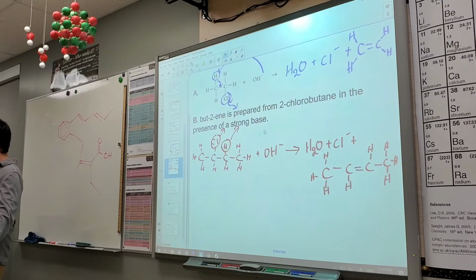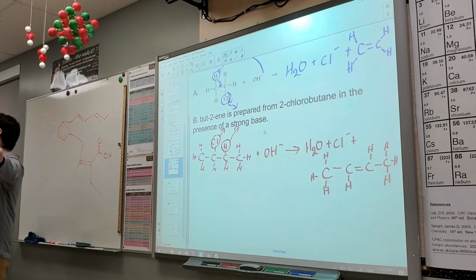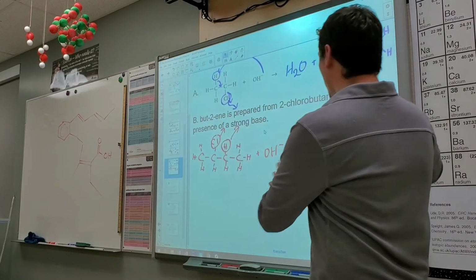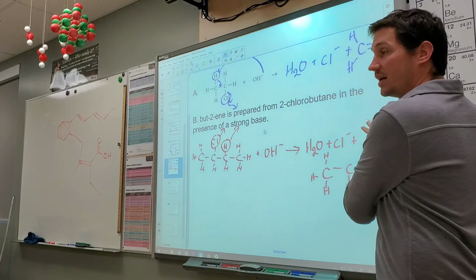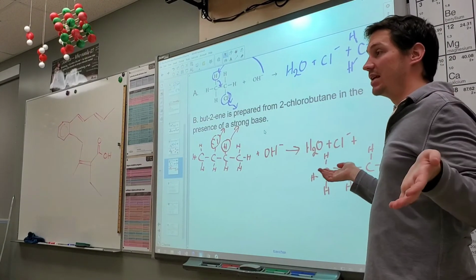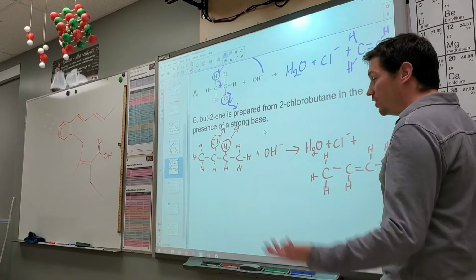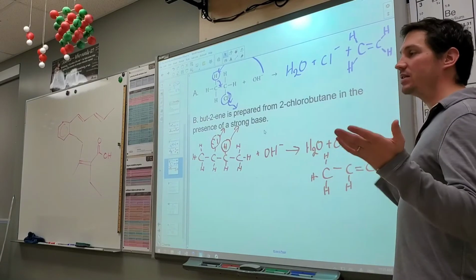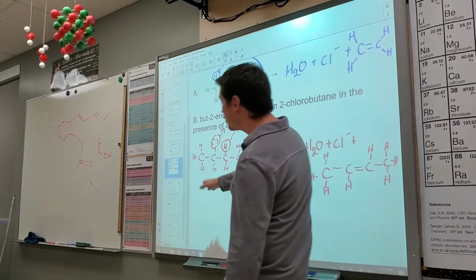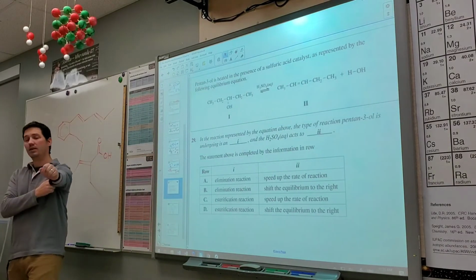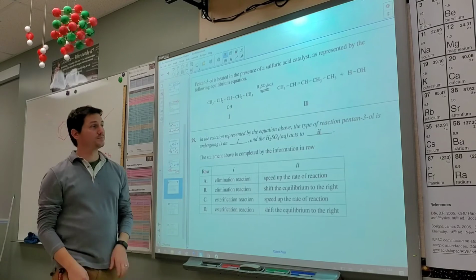Again, the most likely scenario is that they give you a reaction, and they'll say either one of these things is missing, predict the product, or they'll say what type of reaction is this? And so if they gave you the whole reaction, you'll have to identify it as an elimination reaction. And I want to show you the types of diploma questions that you're very likely to see when you're doing the diploma.